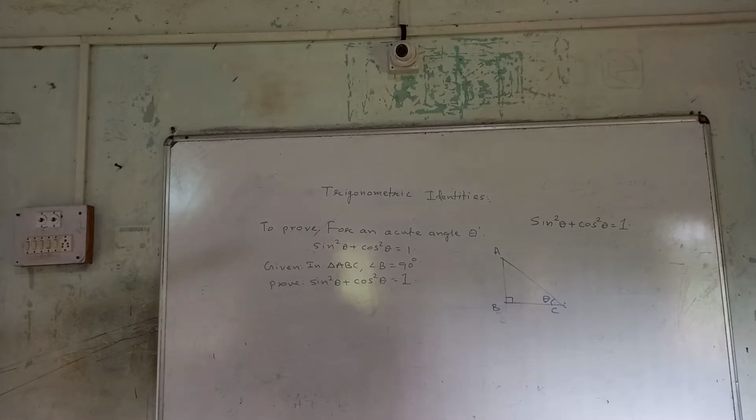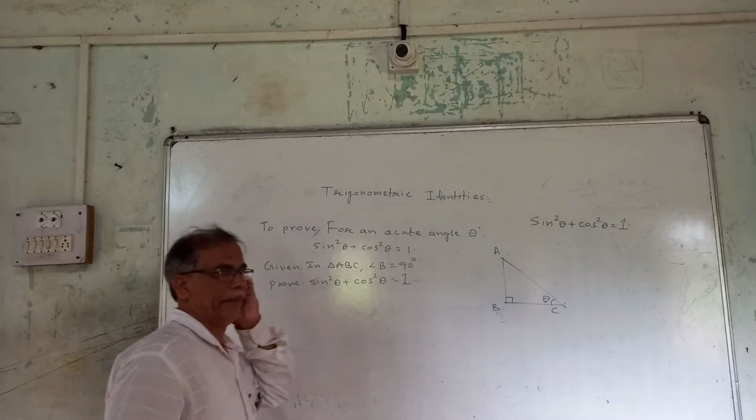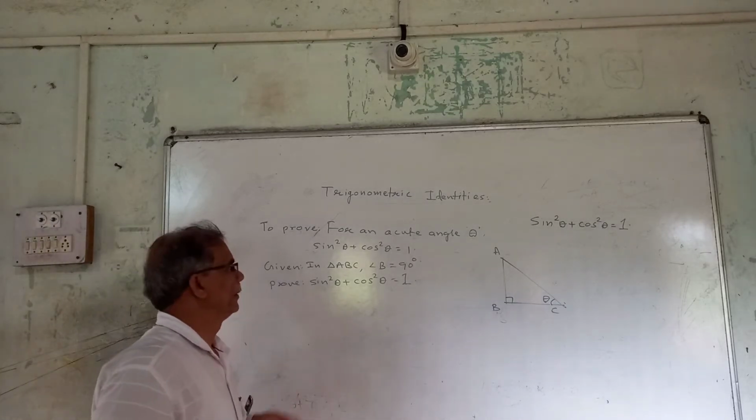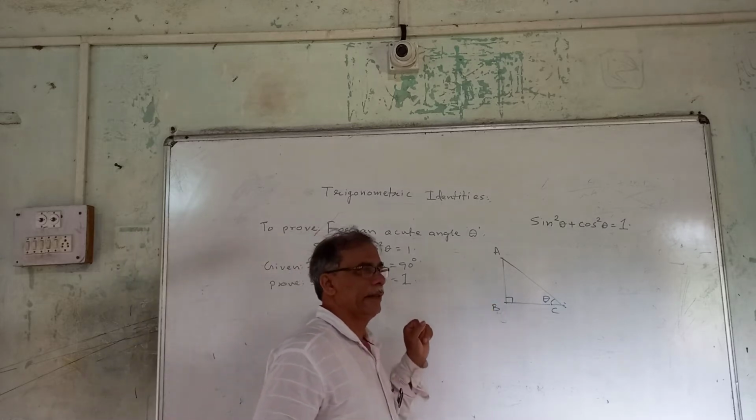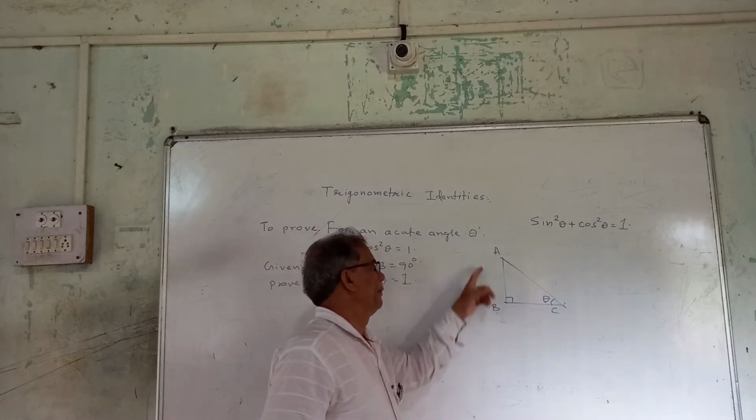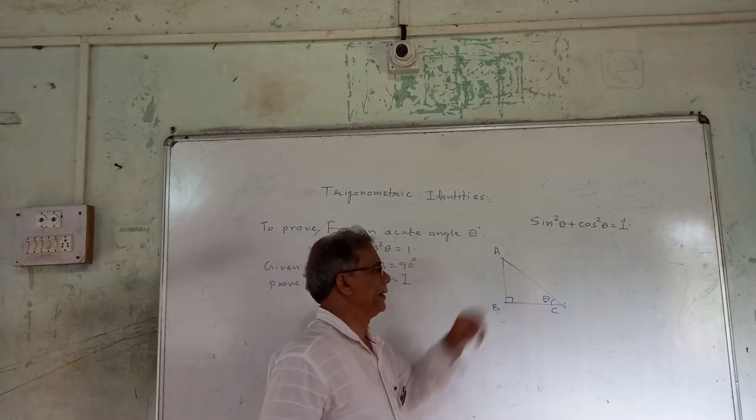As you know, Pythagoras theorem is always used in a right angle triangle, isn't it? Now if we apply Pythagoras theorem here, in this triangle you can see the sides containing the right angle are BA and BC and the hypotenuse is AC.